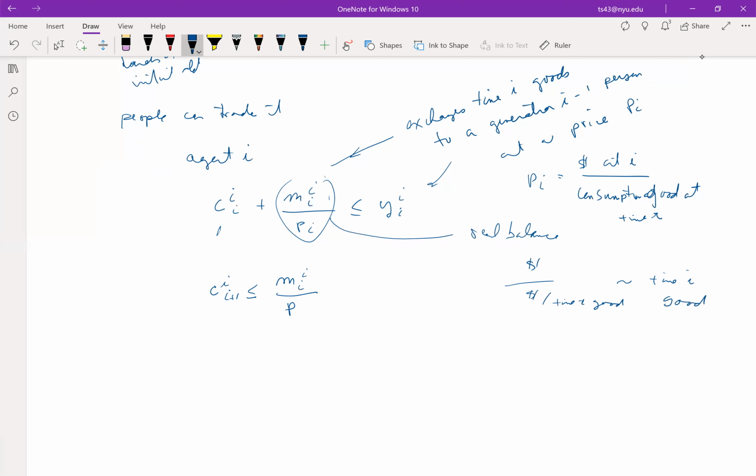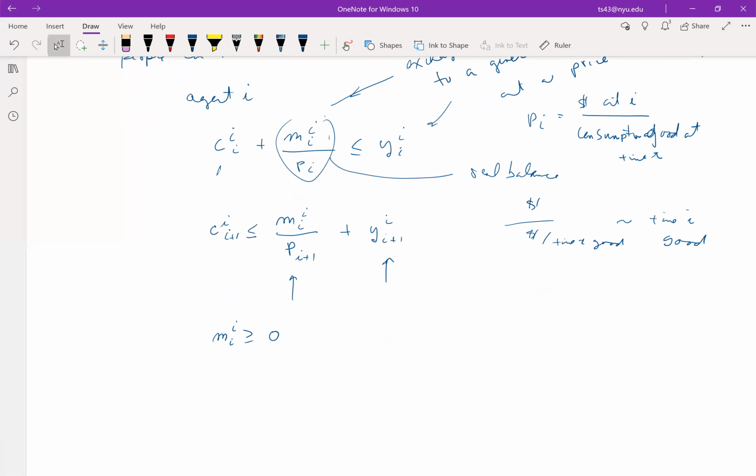The price has possibly changed, so the value has possibly changed. When I'm old, that's my endowment. That's my savings that I've carried over. And we're going to require, this is important, you could think of this as no counterfeiting, or I am not permitted to issue money. I can't go short, no short in dollars.